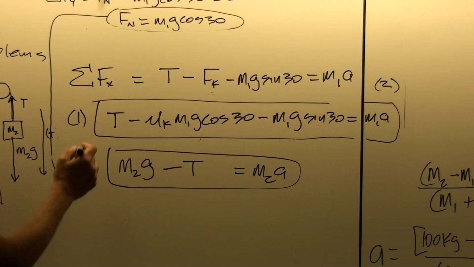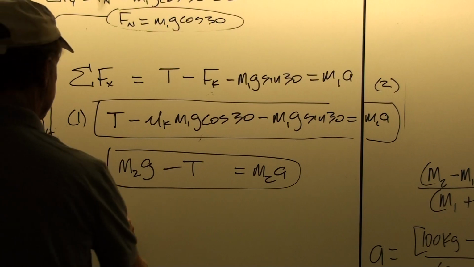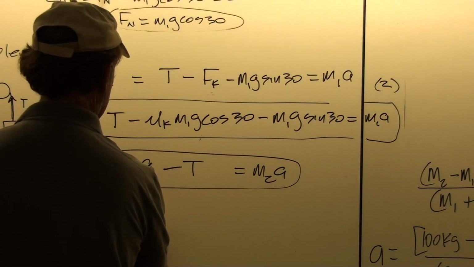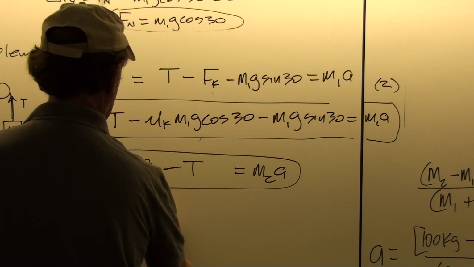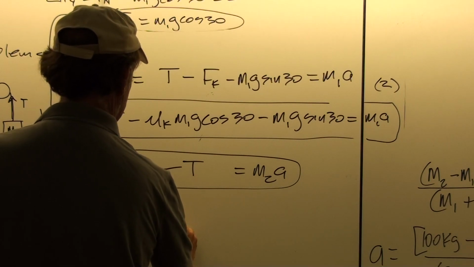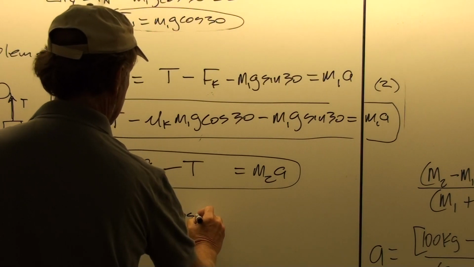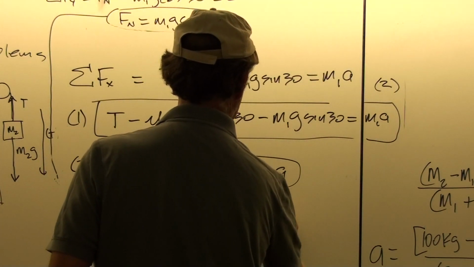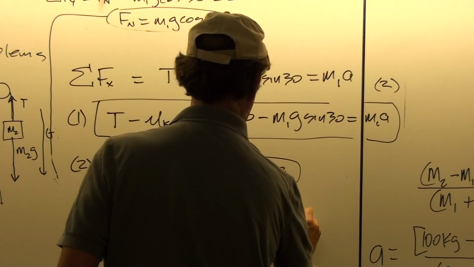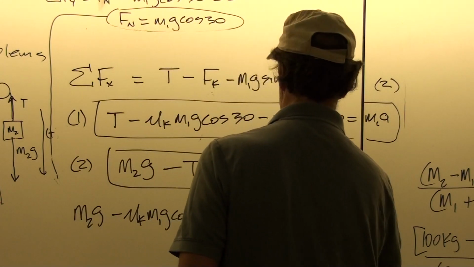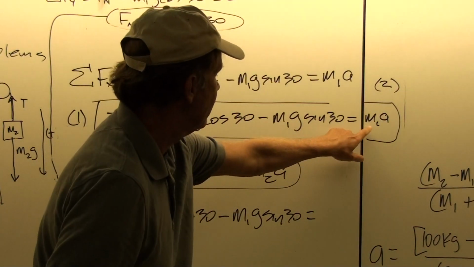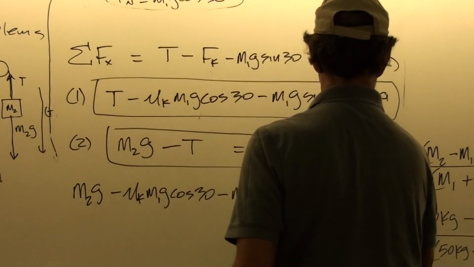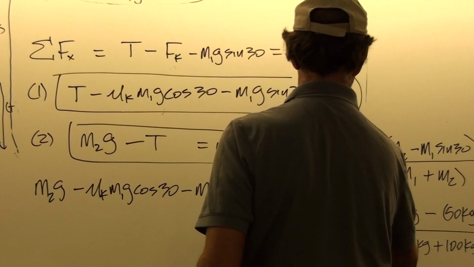So now if I add the two equations together, the tensions once again cancel. It gives me M2g minus mu k m1g cosine 30 minus m1g sine 30 equals, and then on the right-hand side, we have m1 plus m2 times a, m1a plus m2a.